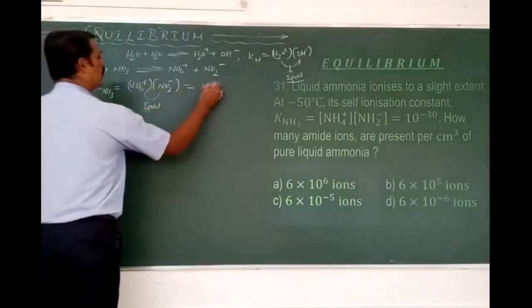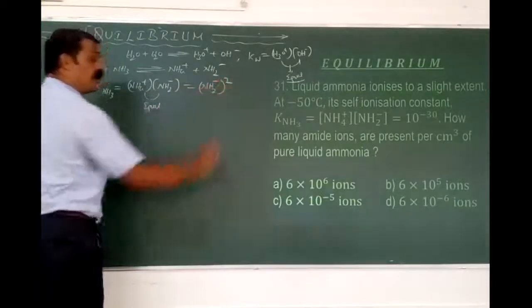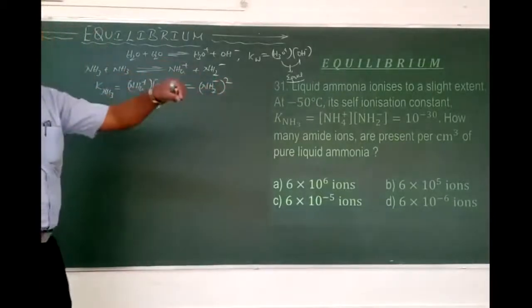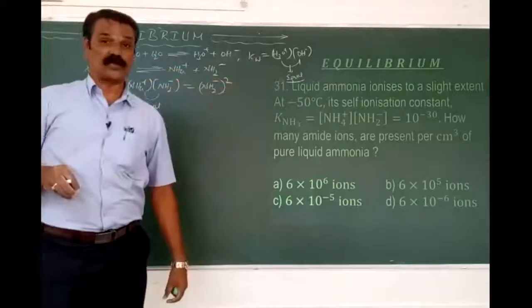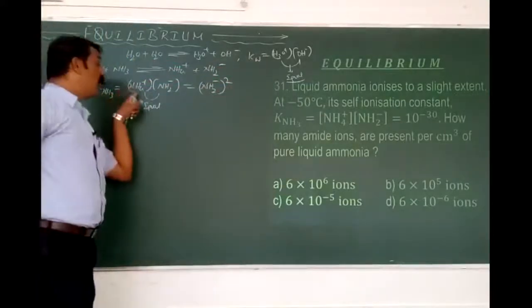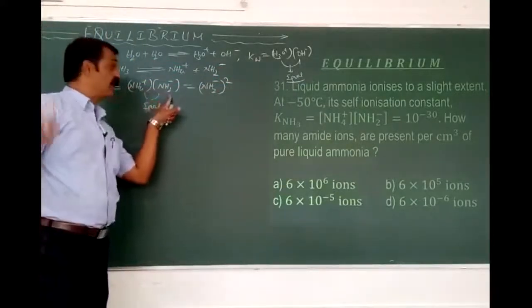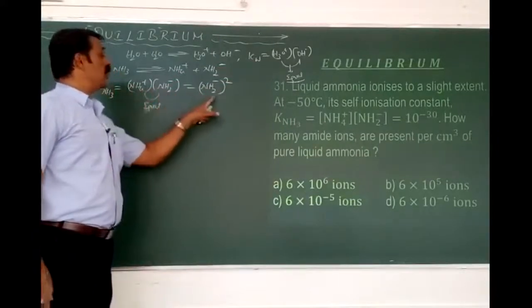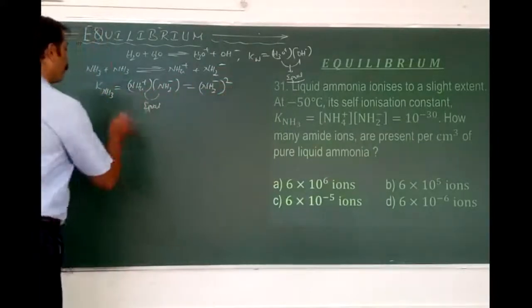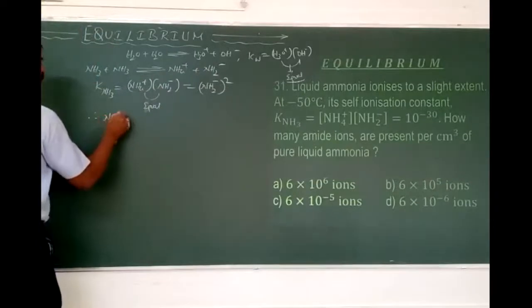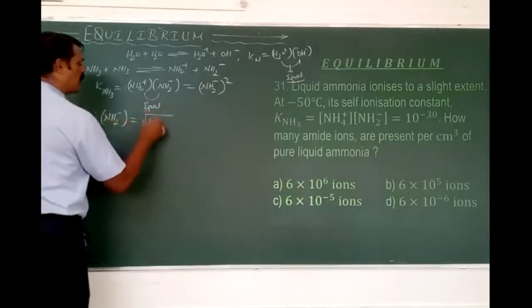Therefore, can I mention directly in the form of NH2 minus whole square? Why? Because for pure water, H3O plus concentration is equal to OH minus, means for pure ammonia, ammonium ion concentration is exactly equal to NH2 minus. Therefore, NH2 minus is the root of K_NH3.